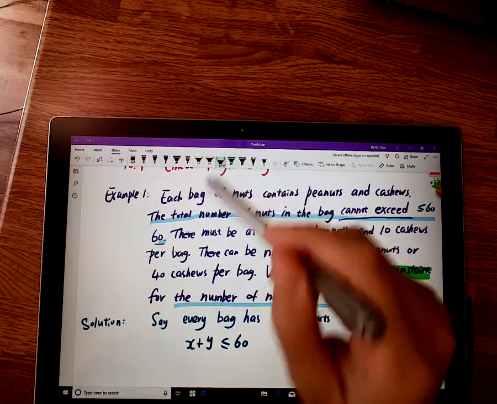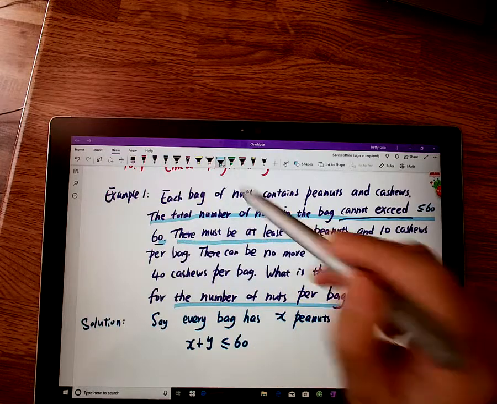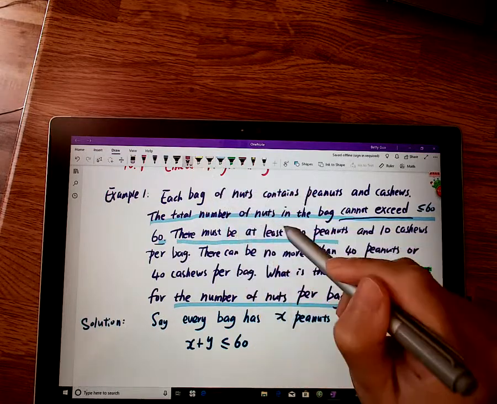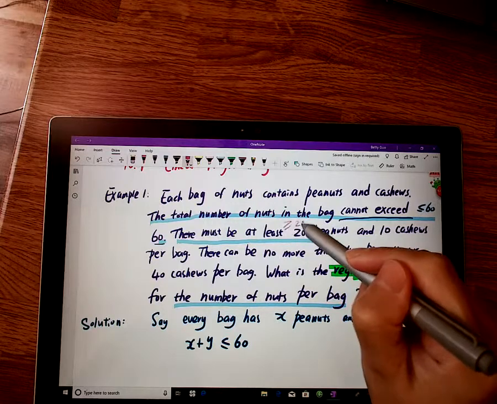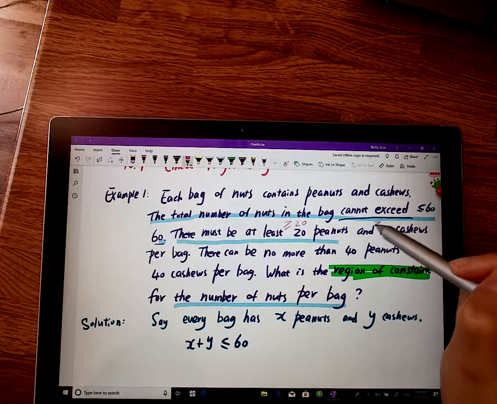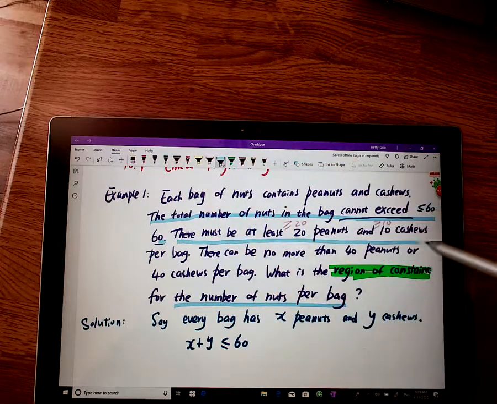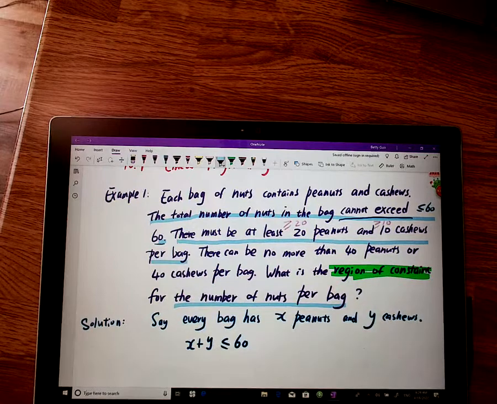So let's read on. There must be at least, what does at least mean? At least means bigger than or equal to, right? At least 20 peanuts and 10 cashews per bag. Actually this sentence gives us the lower bound for the number of peanuts and the number of cashews per bag.